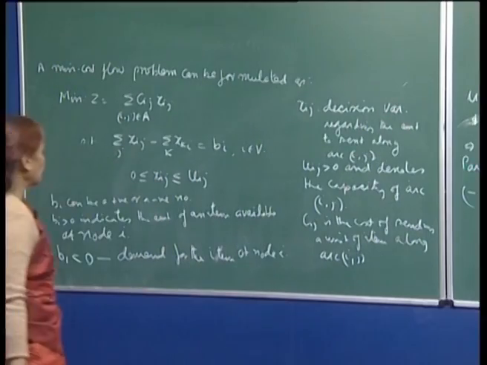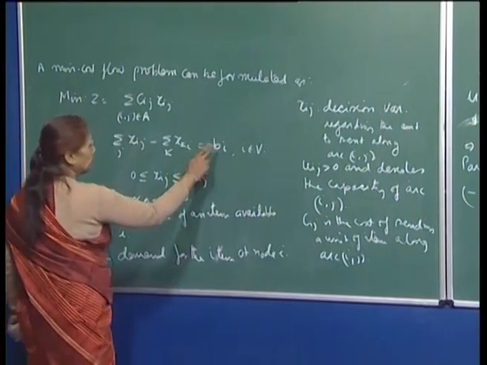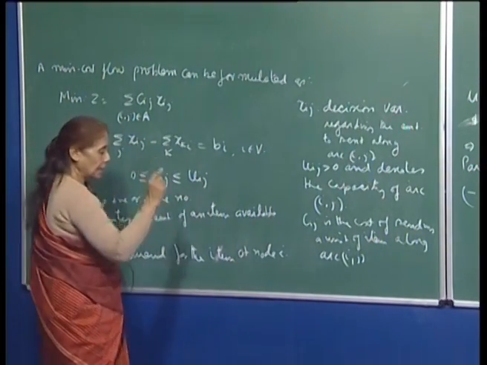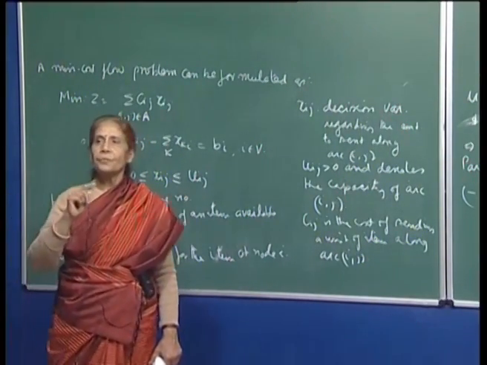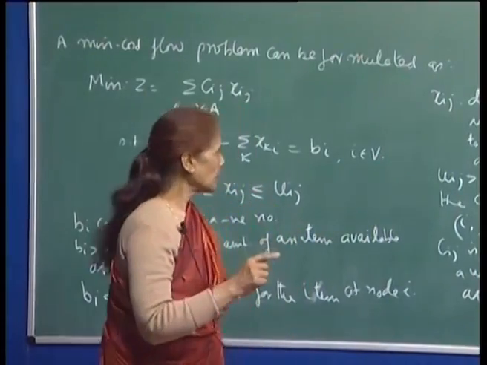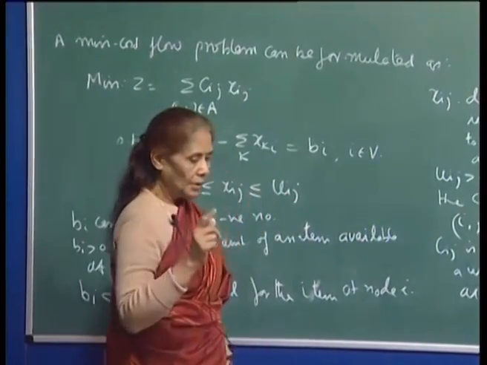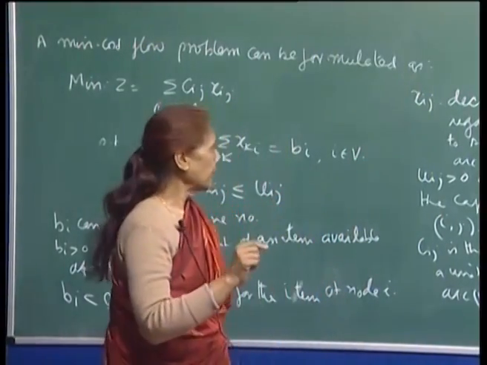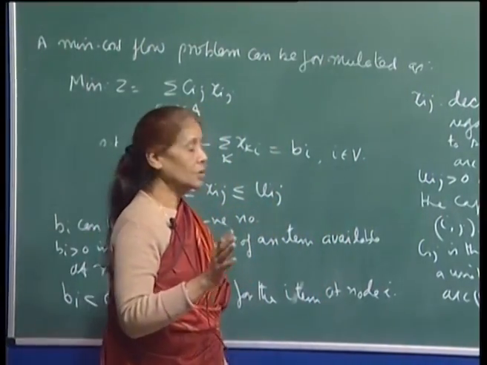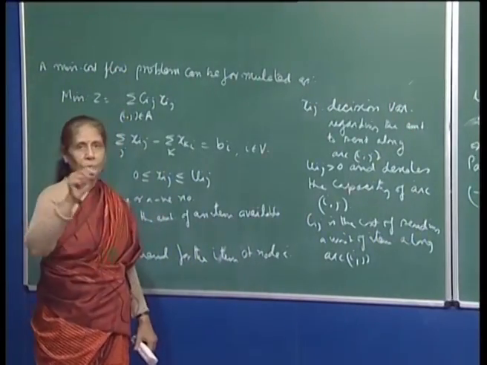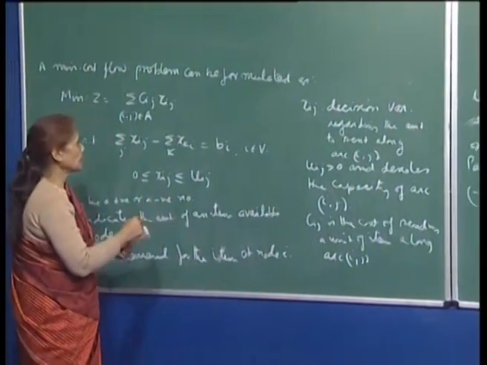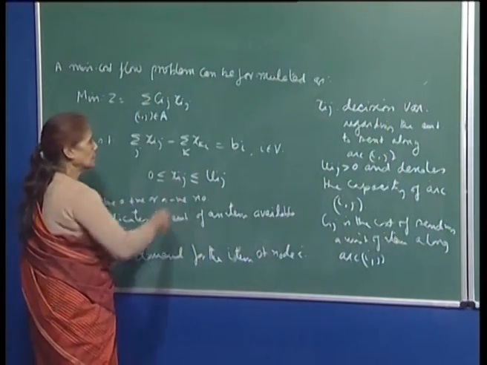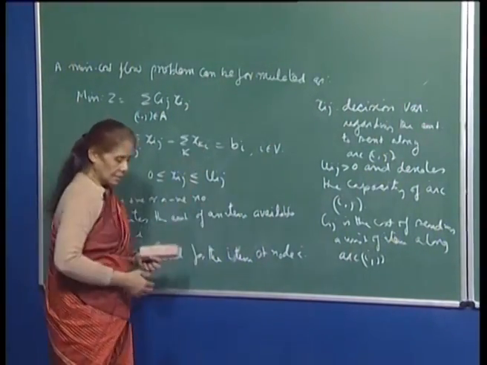Remember for the shortest path problem, the bi's were only 1 and -1. The bi was 1 for the node from which you wanted to begin your shortest path. It was -1 for the node to which the shortest path was to be found, and all other nodes were intermediate nodes, used only for constructing the shortest path from the starting node to the ending node. So, they were all zeros.